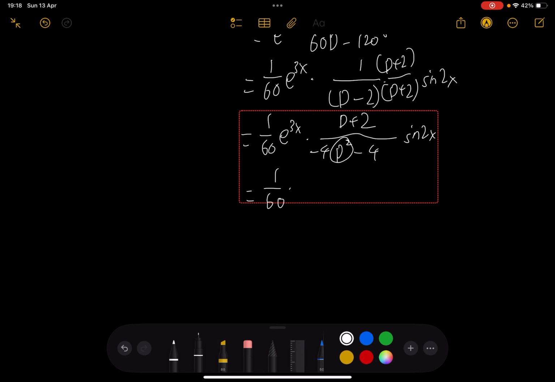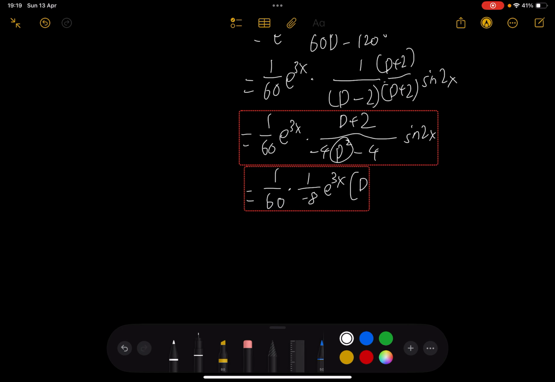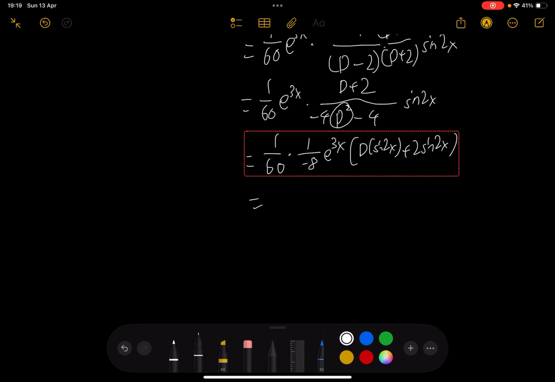So you are going to multiply by 1 over negative 8 in front, and times e to the power of 3x. First, we are going to distribute the sine 2x, so you can get d sine 2x plus 2 sine 2x. And then you can get in front negative 1 over 480 times e to the power of 3x, and then do a derivative of sine 2x, which is 2 cosine 2x.